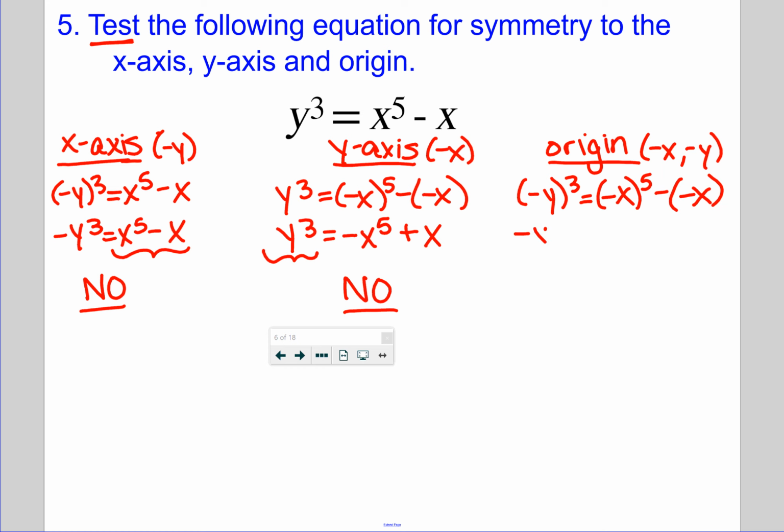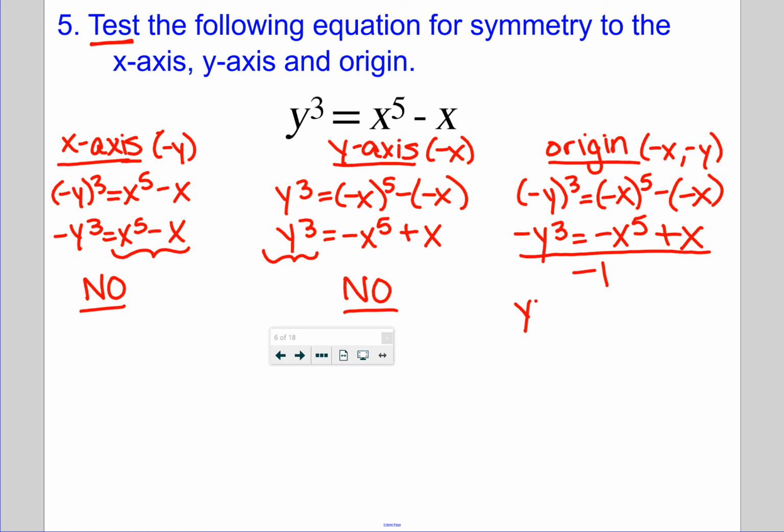On the left, I have -y to the 3rd. On the right, I have a -x to the 5th and a positive x. And now, if you look, nothing actually matches my original equation. Everything has a different sign. So we can take one additional step, divide the whole equation by -1. So you're multiplying or dividing through a negative.